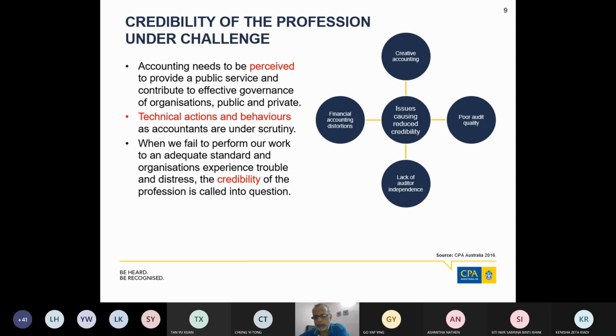Lack of auditor independence. Auditors are supposed to be independent, but they are colluding with the company. There are many cases now. You will be surprised. Colluding means pakat. Lack of auditor independence. Financial accounting distortions. So, one, two, three, four.